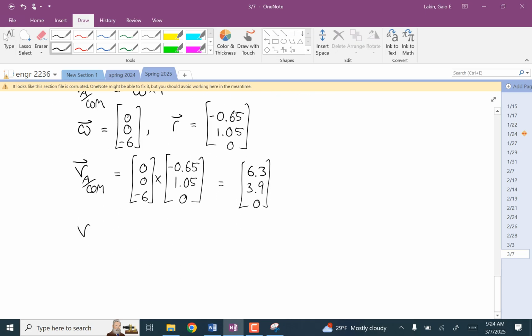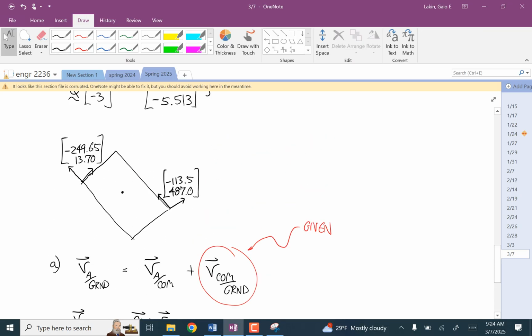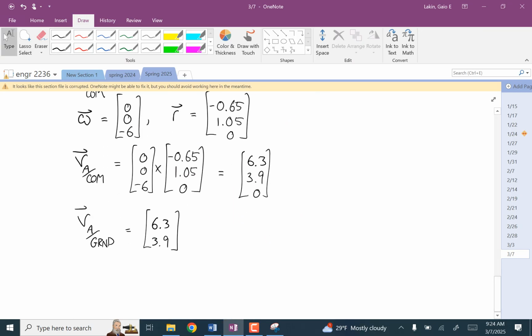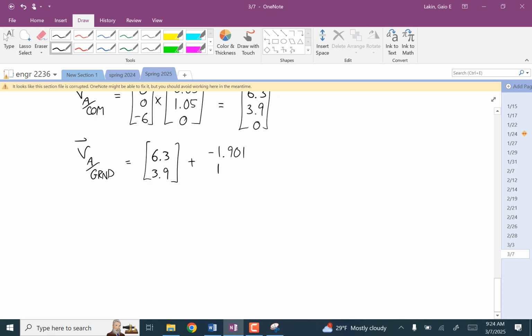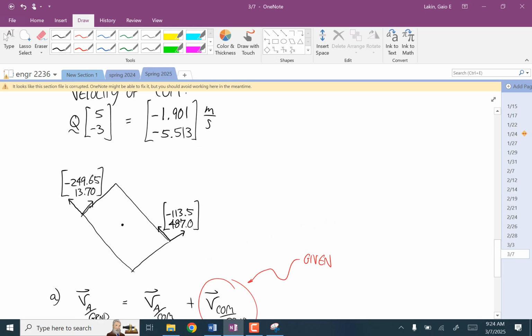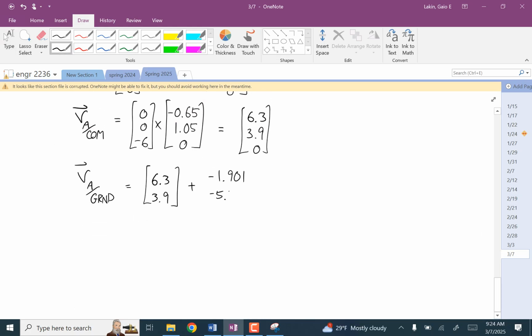Now put it back into the relative motion equation. So the velocity of A relative to the ground is 6.3, 3.9 plus negative 1.901, negative 5.513.